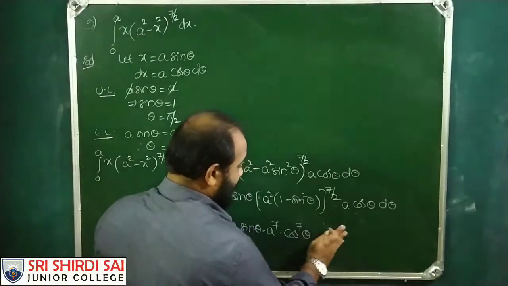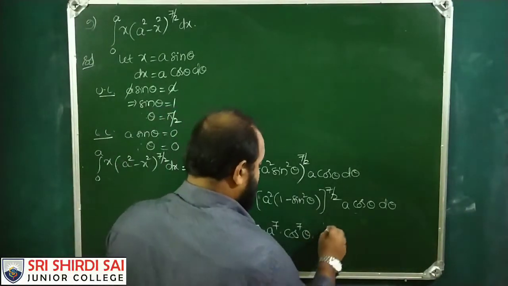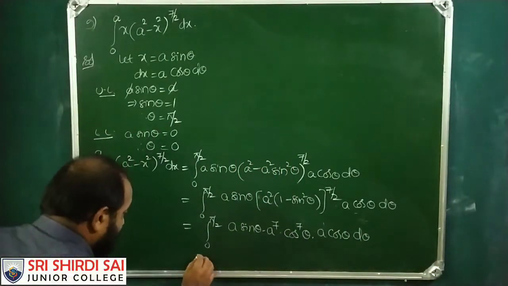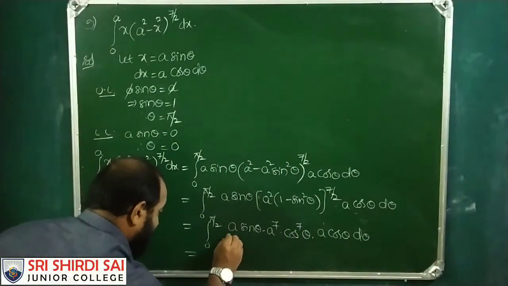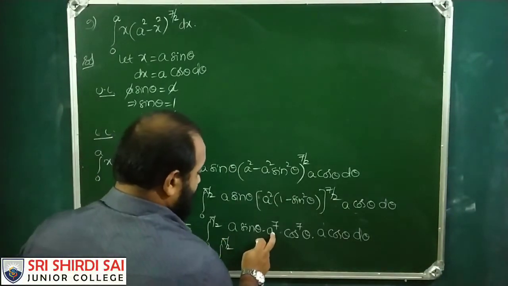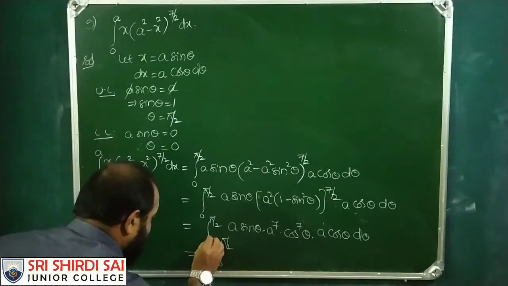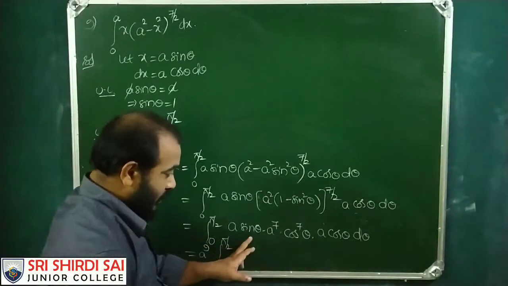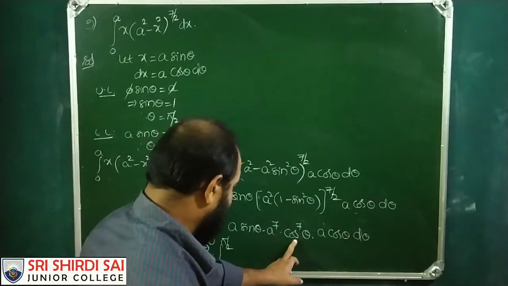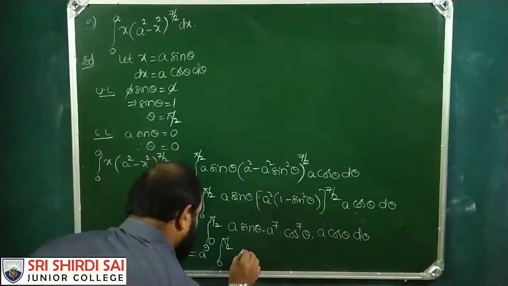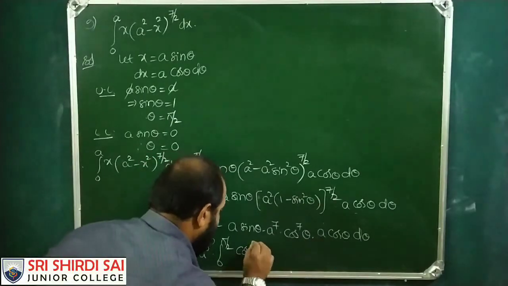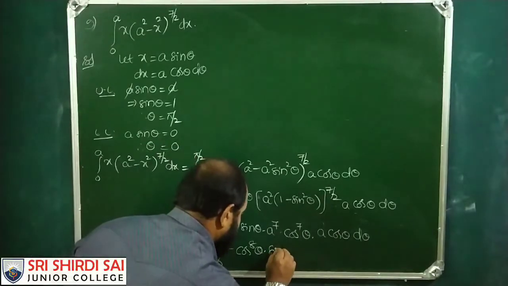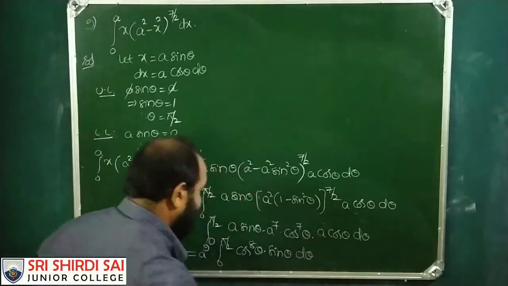I am left with cos power 7 theta into a cos theta d theta. So further, this is the integral from 0 to pi by 2 of a into a power 7 into a. So totally this is a power 9 into cos power 7 theta into cos theta, cos power 8 theta into sin theta d theta.